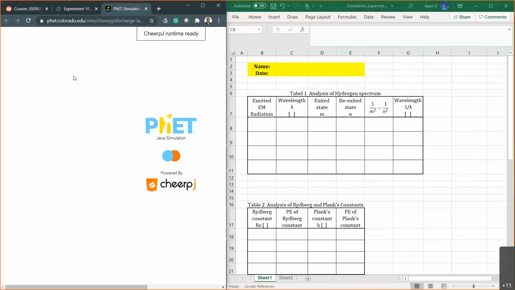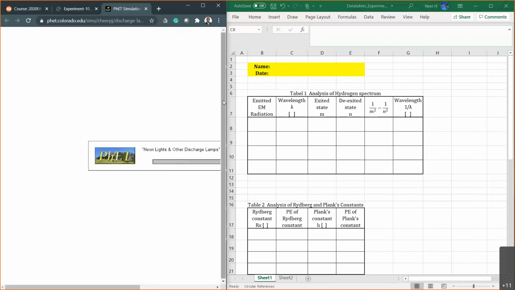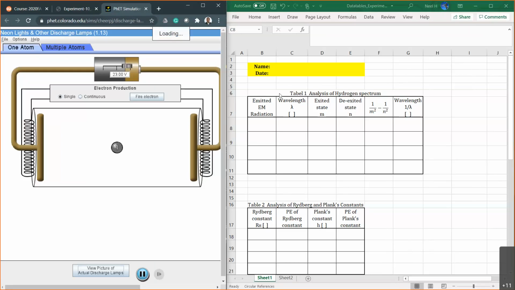I checked today, and it was working fine. Give it a few seconds, it should automatically load. Okay, good. After it fully loads, the page should look like this.